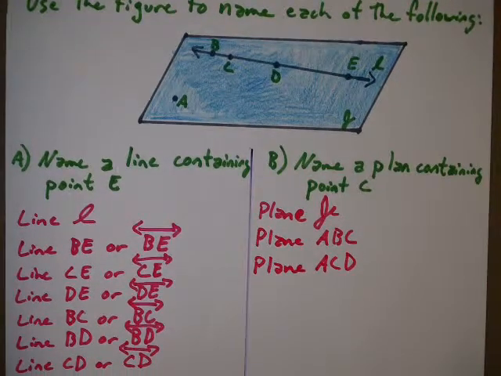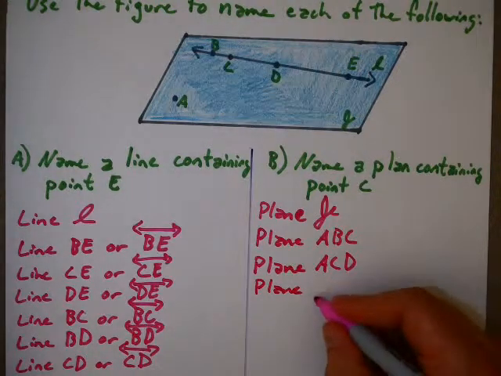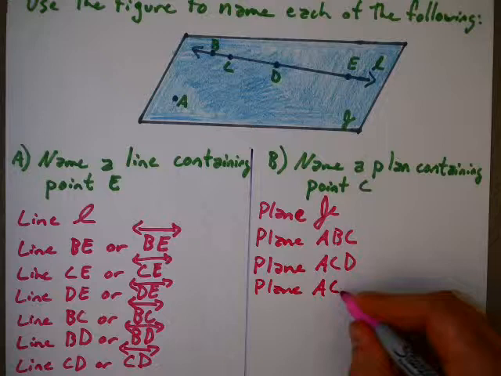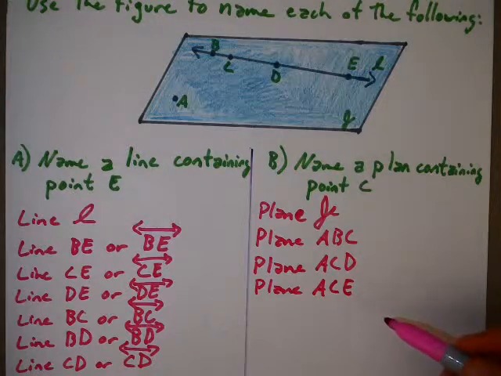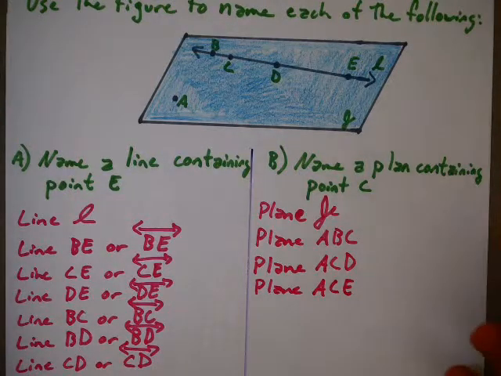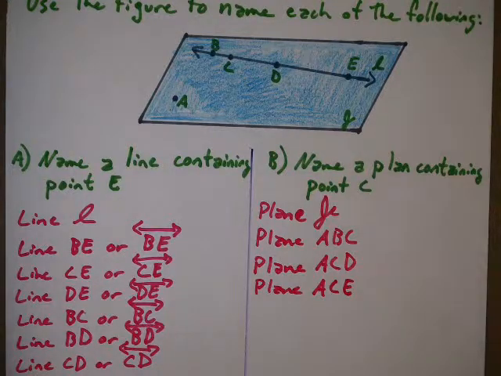And a fourth way to name this is ACE. Now again, I've used C in each one of these, but that doesn't mean that our answer has to contain C just because they're asking for point C. We can name it different ways.